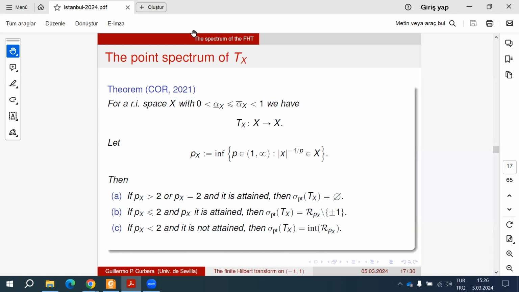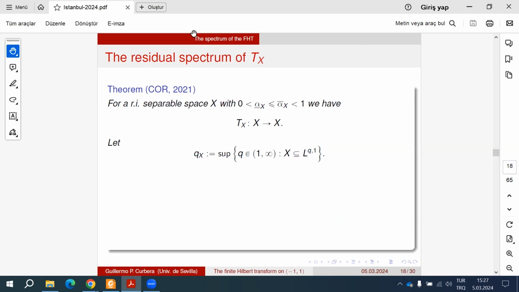And if P is strictly less than 2 and is not attained, then point spectrum is the interior. So point spectrum is finished. We have understood point spectrum perfectly. For this general operator, on these very general spaces, only determining this, which is called the inclusion index, gives a full solution to the point spectrum.